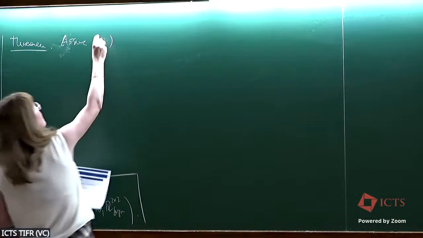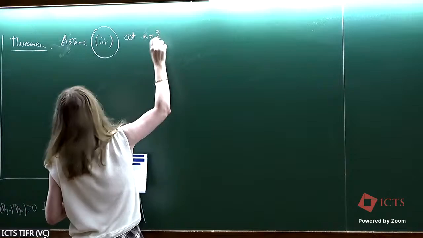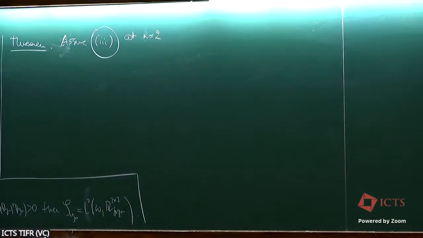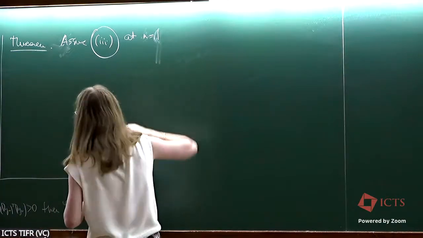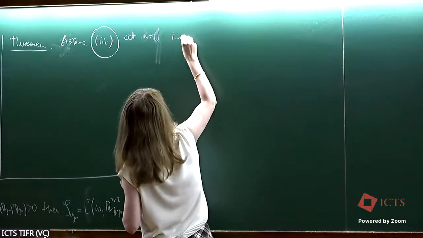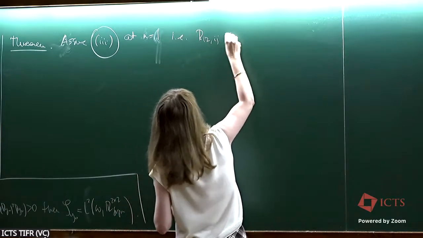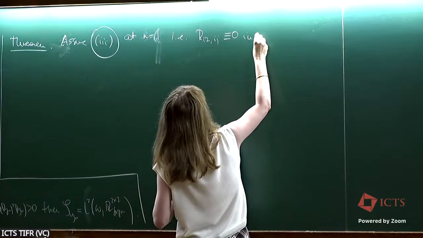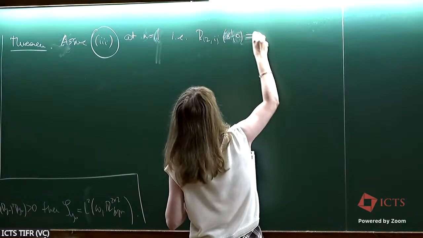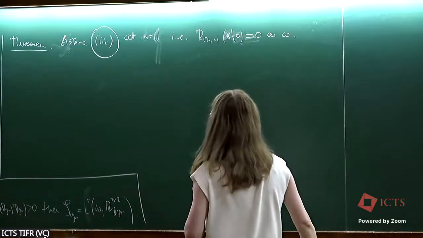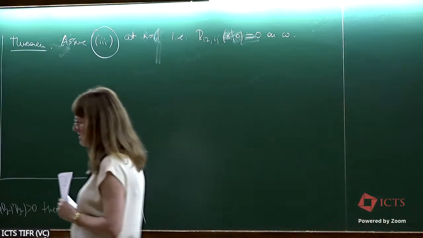So assume condition 3 at n equal to 1. This means just R_{ij} equals 0 in x prime 0 on omega. Okay, that's our condition corresponding to the h to power 4 scaling of the energy.